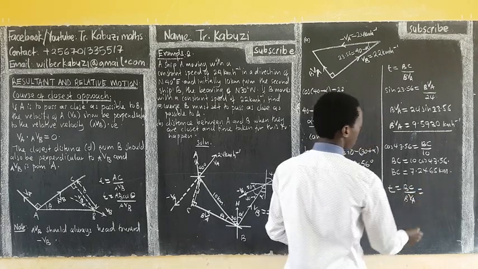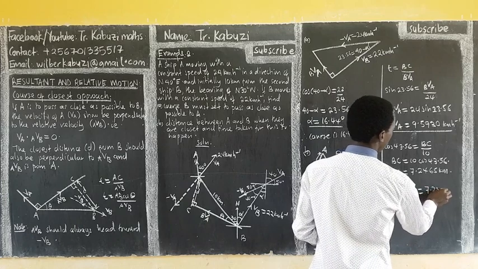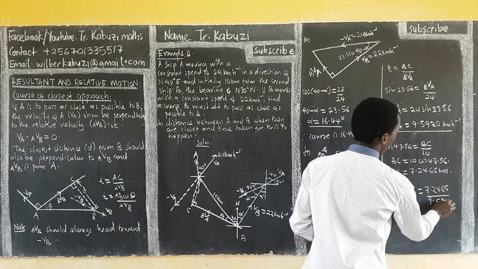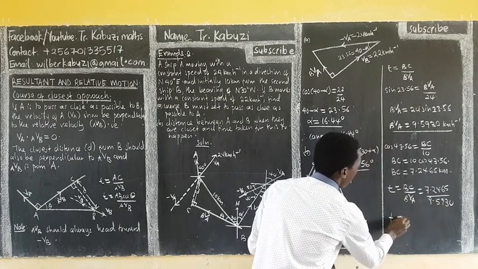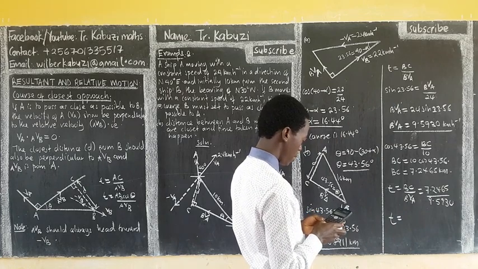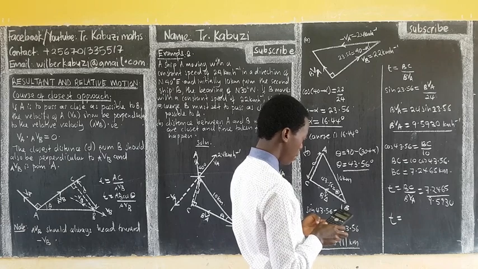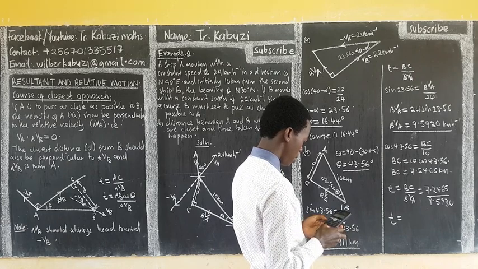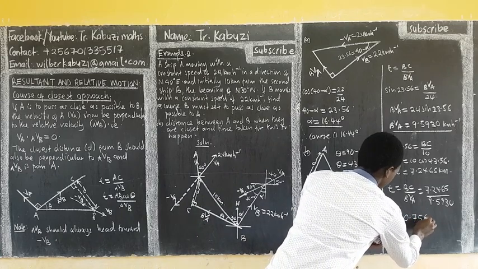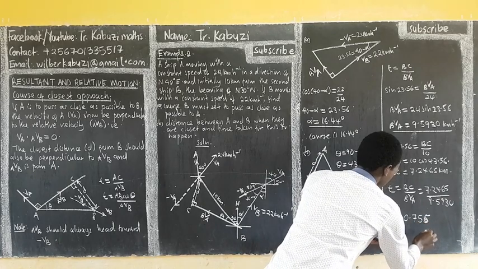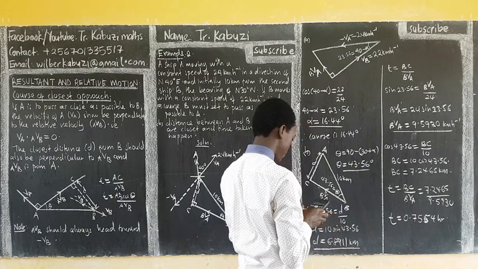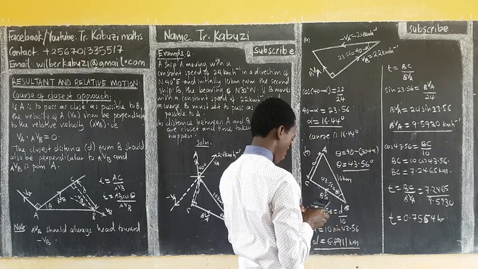After that, I have my time, which I said is BC over the velocity of B relative to A. So it is 7.2465 divided by 9.5930. From there, my time is going to be 0.7554 hours, which we can convert to minutes by multiplying by 60.